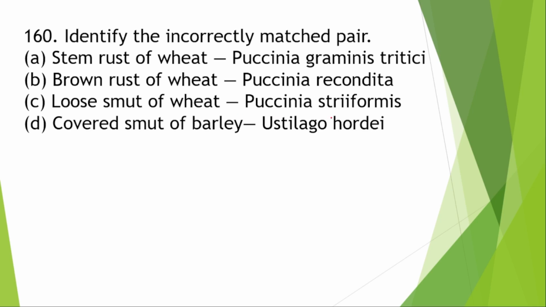Loose smut of wheat is actually wrong because it is caused by Ustilago nuda, not by Puccinia. So this one is the incorrect match. Covered smut of barley, Ustilago hordei. So this one is also right.